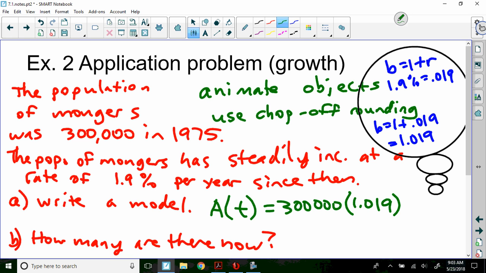The number 2 spot where people make mistakes on this is what they use for their exponent. People want to plug in 43 when they write their model. Do you know where 43 comes from? Let's think about it. It's 2018, right? So it's been 43 years from 1975 to now, because it's talking about the rate per year.